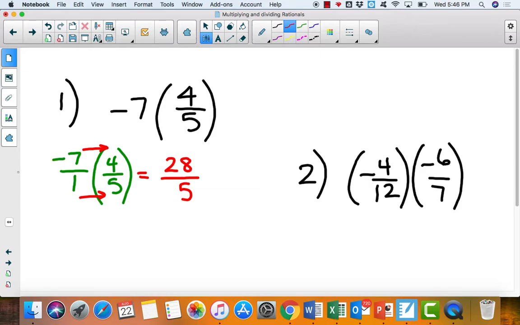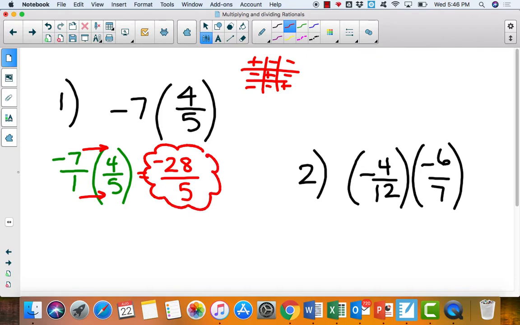I have 1 negative. 1 is odd, so my solution is going to be negative. Or I can remember the little symbol here. If I want a quick cheat, know that a negative times a positive is a negative, okay? For you to remember the rule of counting the number of negatives.